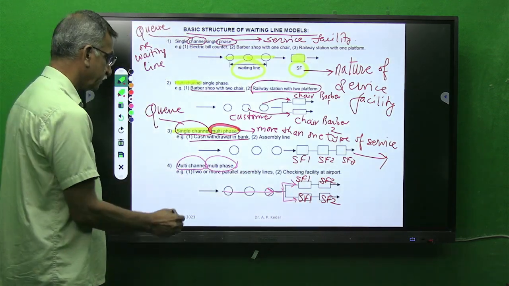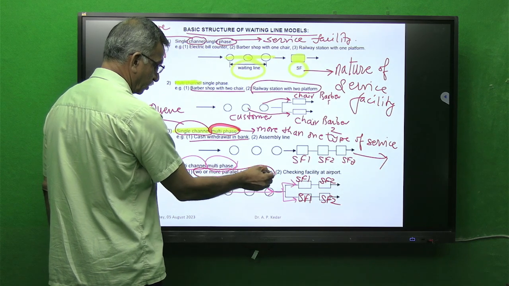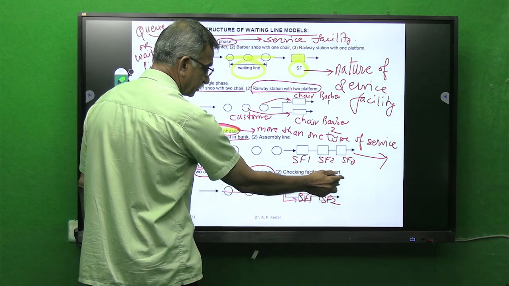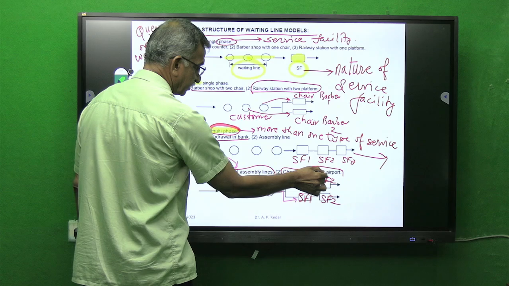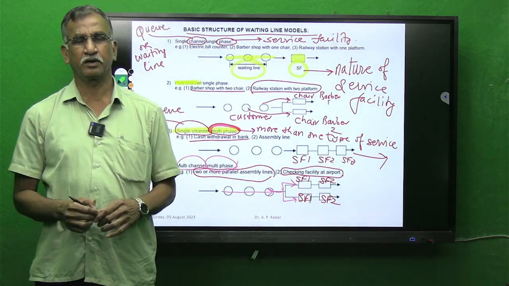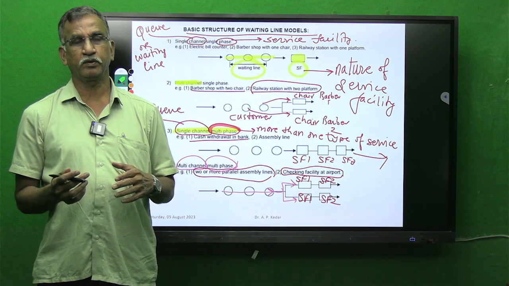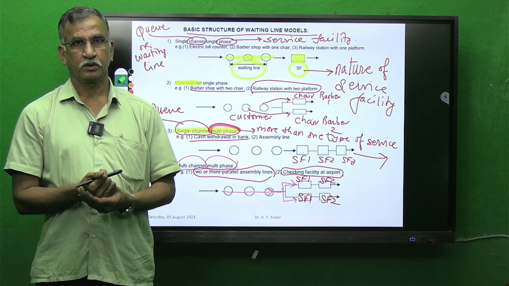So the best example is an organization with two or more assembly lines, or you must have witnessed the checking facility at the airport. Different checks are required when you travel through airlines.